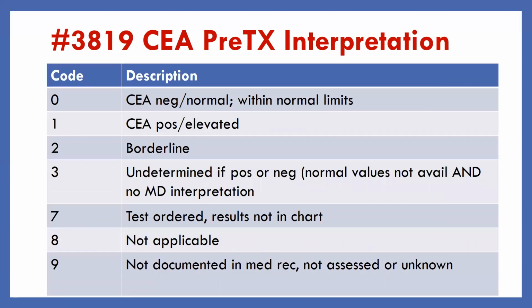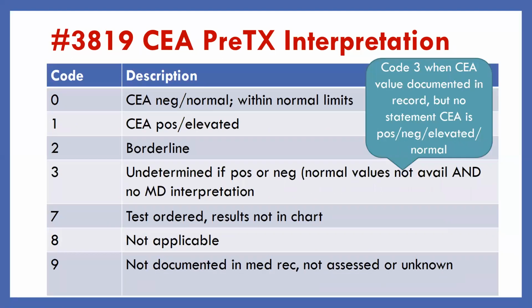And then here is information for the interpretation. Make sure that you are texting the date so that we know the interpretation, and be sure to text the normal range if you have it to verify the interpretation.